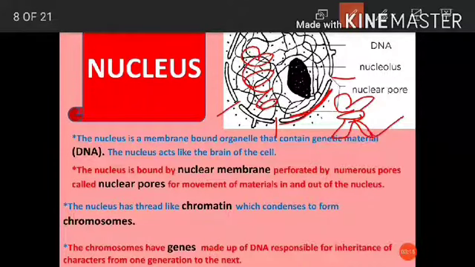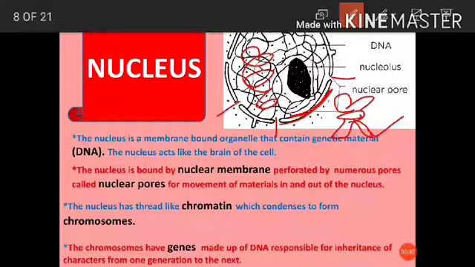These chromosomes carry genes. We get many characteristics from our parents through these genes only, like our hair color, skin color, eye color, or face. Everything depends on genes, and these genes make us what we are.